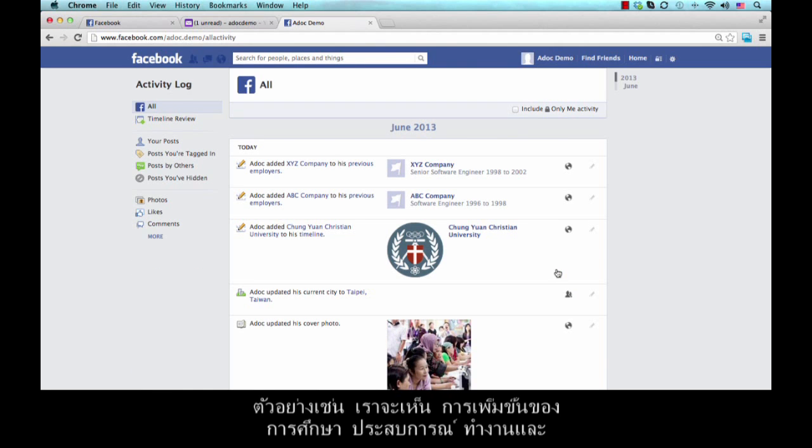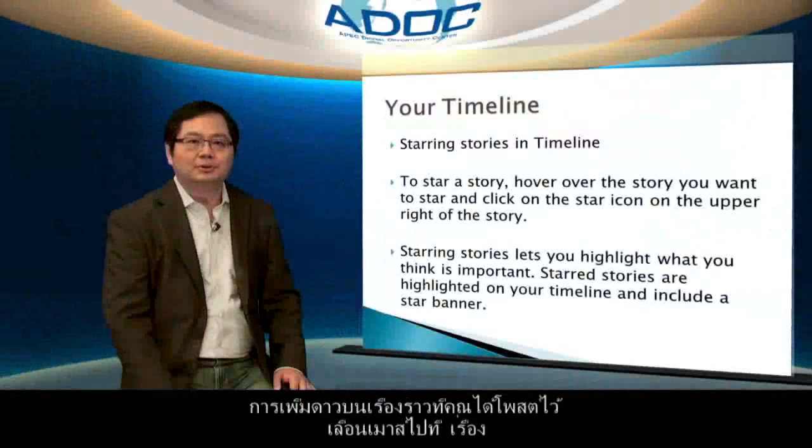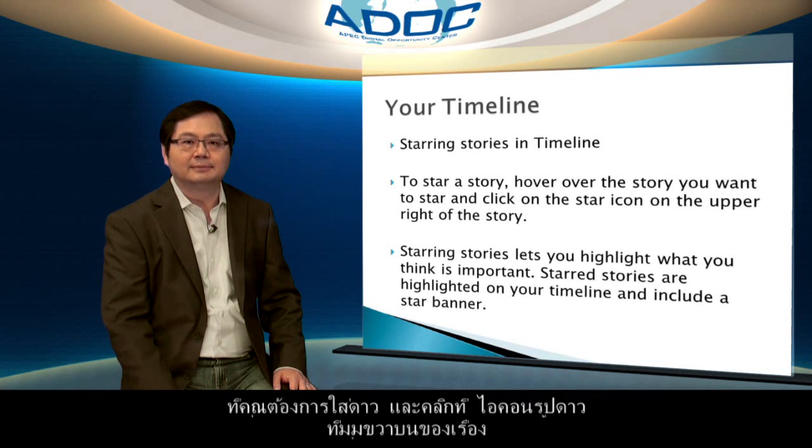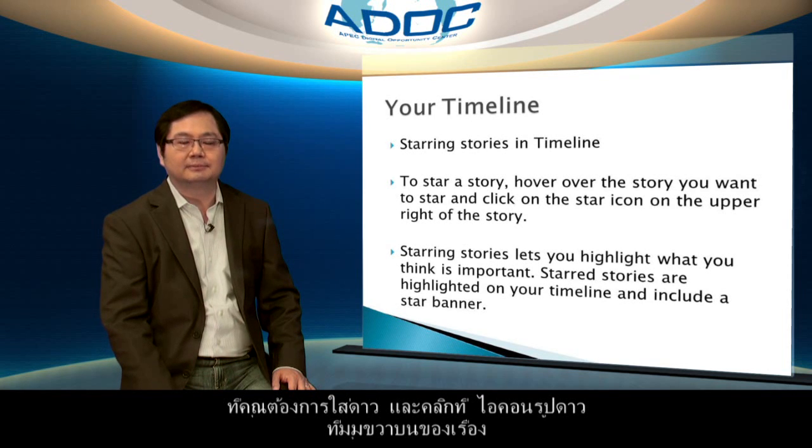For example, we see the addition of education and work experiences. To star a story, hover over the story you want to star, and click on the Star icon on the upper right of the story.